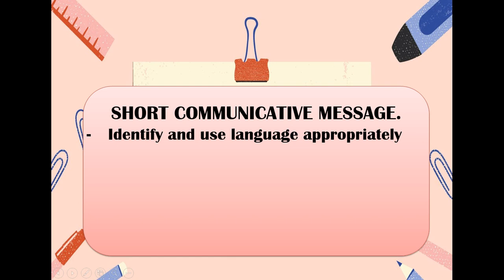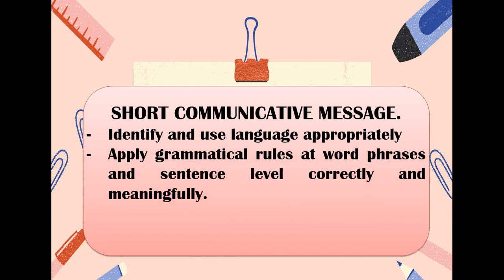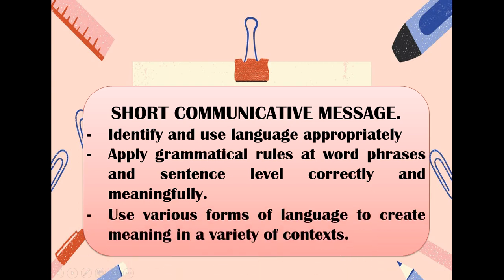So here we are going to identify and use language appropriately. You will apply grammatical rules at word, phrase, and sentence level correctly and meaningfully, and also use various forms of language to create meaning in a variety of contexts.